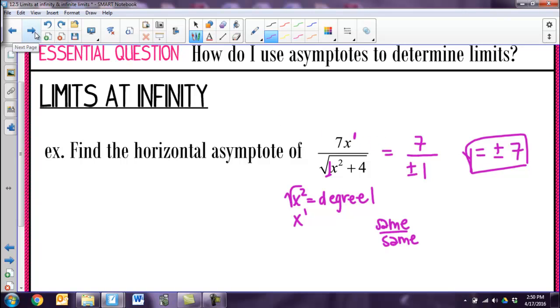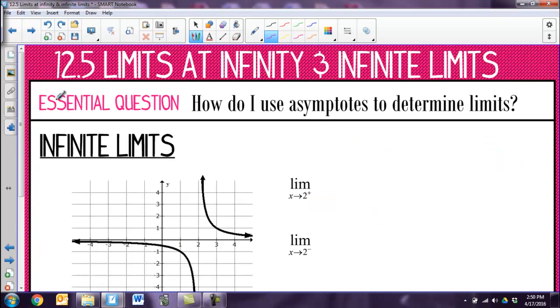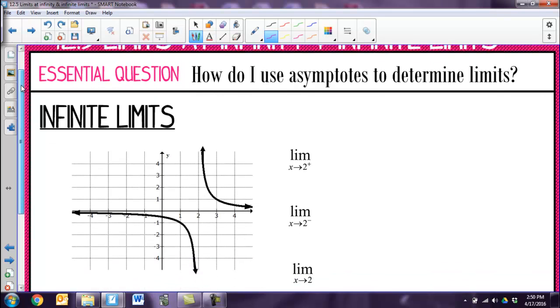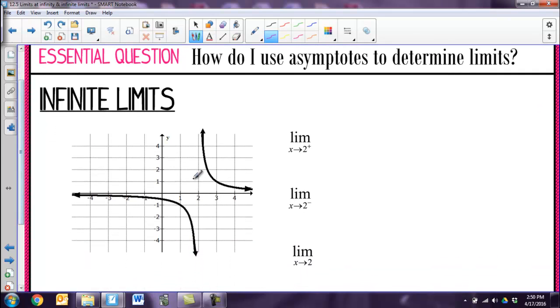Okay, so that's limits at infinity. If you're looking for horizontal asymptotes, that will help you find anything that goes to infinity. Now, if you have an infinite limit, where we're looking at something that has that vertical asymptote, basically right here, what you're going to be looking at is just the sides. What's happening from the right side and from the left side.